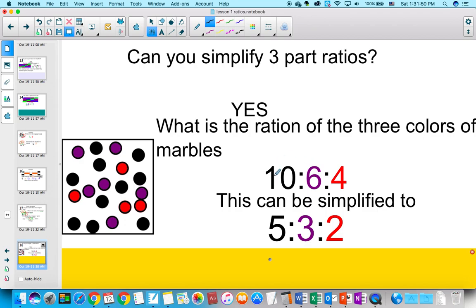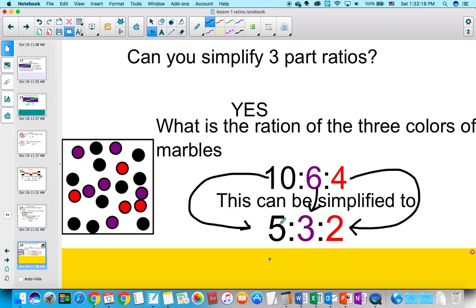If I divided 10 by 2 and I divided 6 by 3, then I'm not simplifying properly, right? I need to simplify by the same number each time. So 10 divided by 2 is 5, 6 divided by 2 is 3, and 4 divided by 2 is 2, right? I divided each one by 2 and it worked out. So I got a simpler ratio.